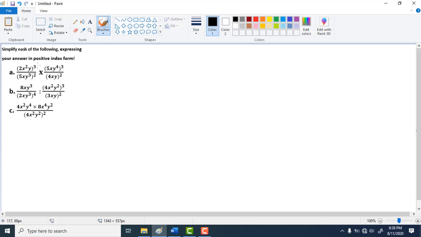2x squared y to the power of 3. The first step, we expand the operation inside of the bracket. 2 to the power of 3 is 8, and then x to the power of 2, to the power of 3, use the third law of indices: x to the power of 2 times 3 equals x to the power of 6.